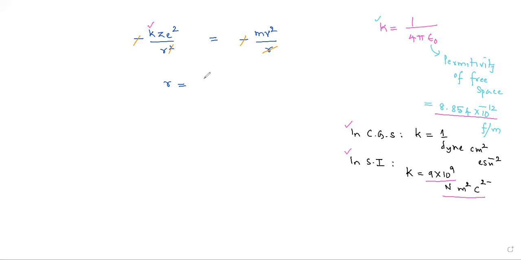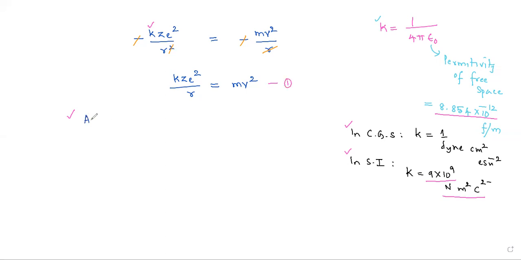One more step. Simply you just write it as kZe square by r is equal to mv square. Now let us take the same old expression of angular momentum. Let this be equation 1.